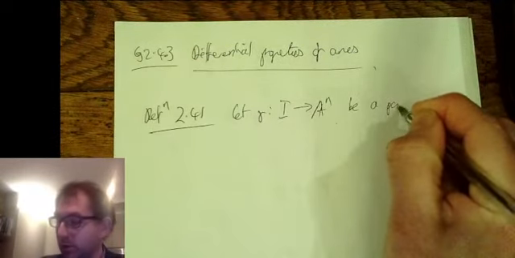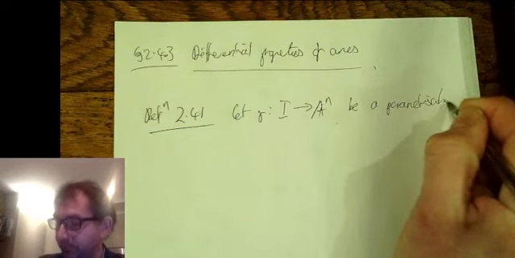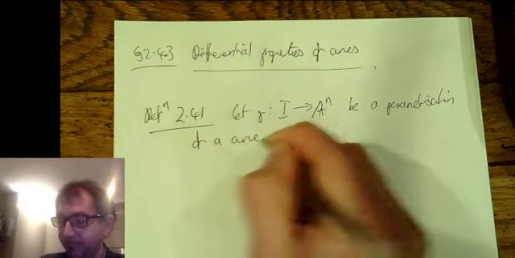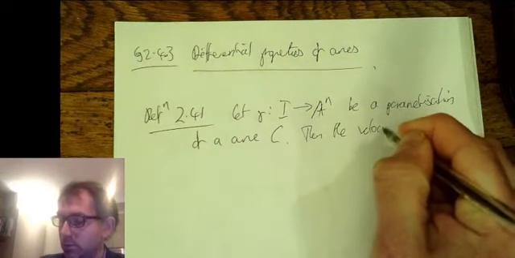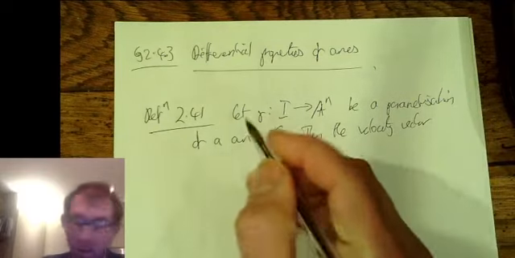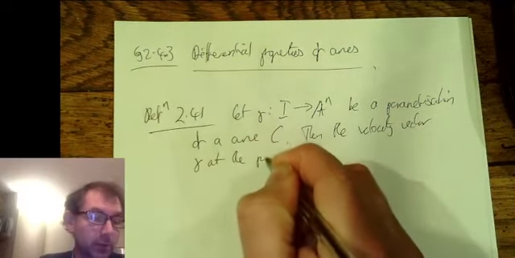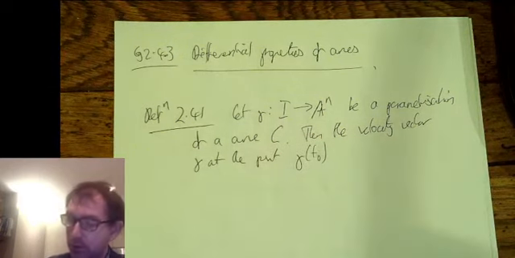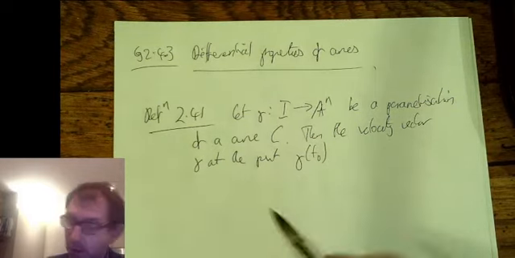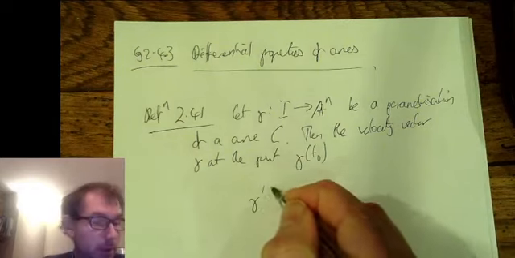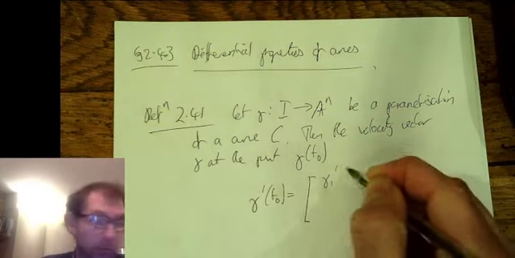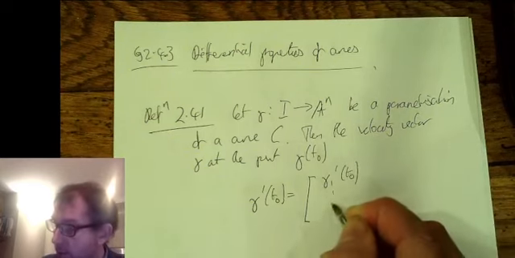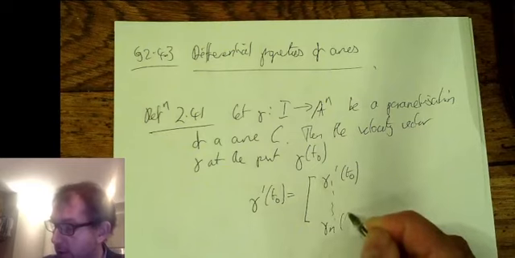Let that be a parameterization of the curve C. Then the velocity vector of gamma at the point t0 is going to be equal to gamma dashed at t0, which is going to be gamma 1 dashed at t0 all the way down to gamma n dashed at t0.